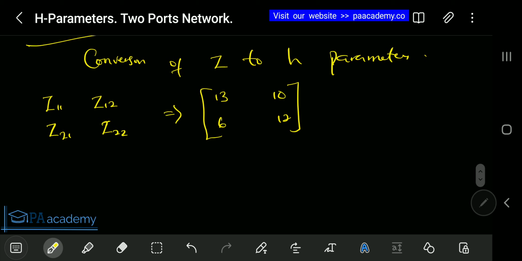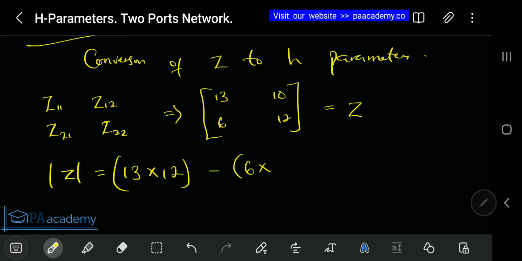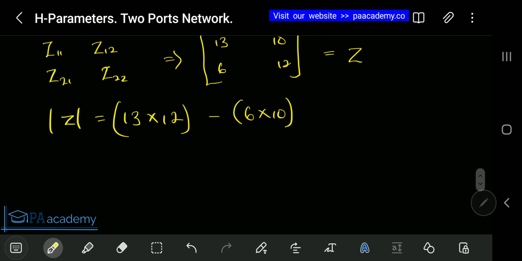Exactly. So that's equals to our z. So if you have to look for the determinant of z, so that will be 13 times 12 minus 6 times 10. Very good. Okay. So in doing that, 13 times 12, let me see. That's 156.